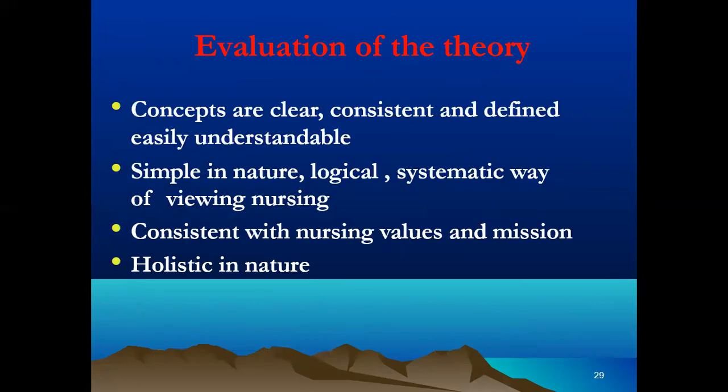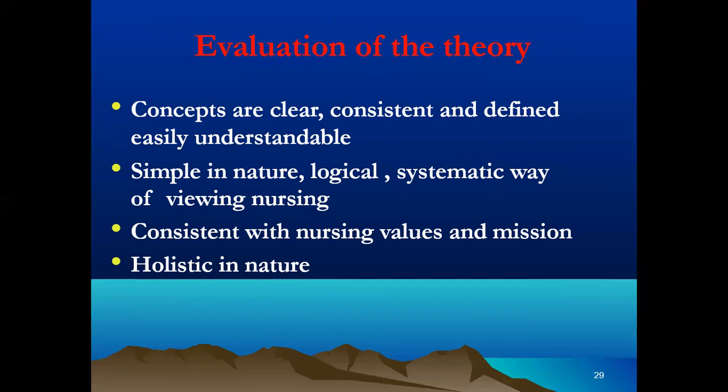Apart from that, those who have gone through this theory have come to a conclusion that the concepts for this theory are very clear compared to other theories, consistent and well-defined and easily understood. It's simple in nature, logical, systematic, and of course provides a better view for nursing.